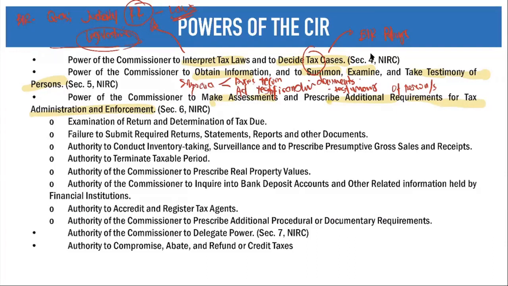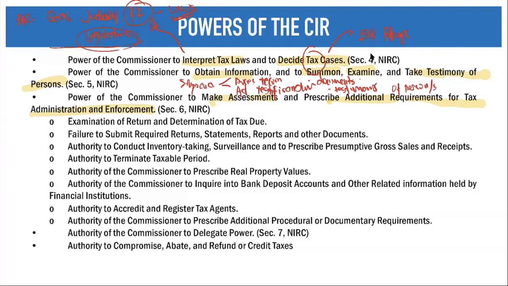So here, the assessment comes from the BIR. Furthermore, they can prescribe additional requirements for tax administration and enforcement because, as you all know, the BIR is tasked with tax administration. Therefore, if a particular requirement would make the collection of taxes more efficient and effective, then so be it.